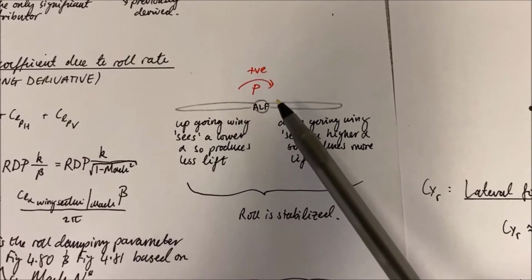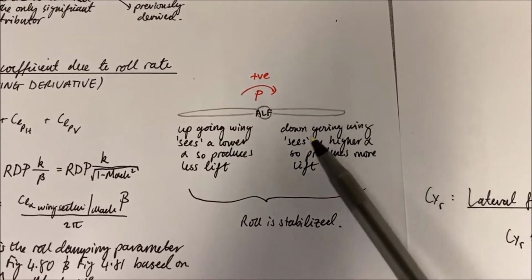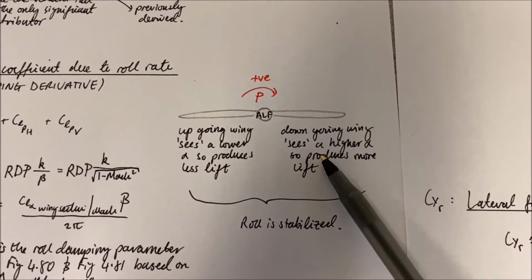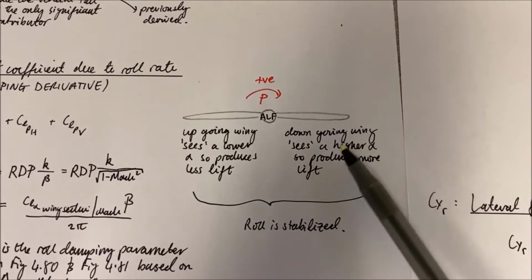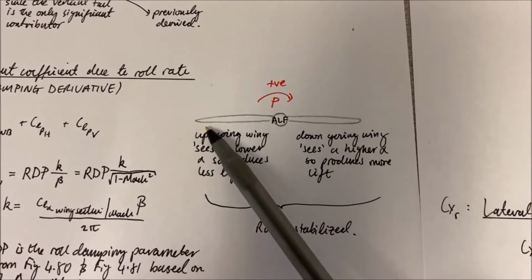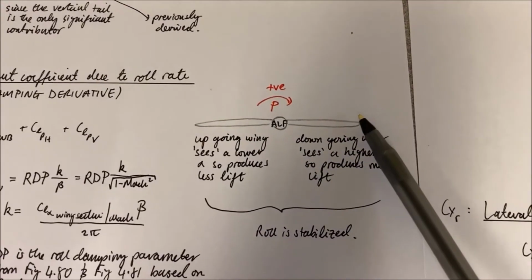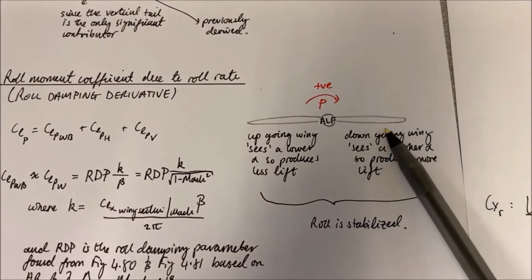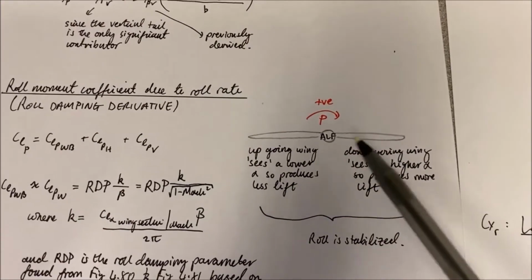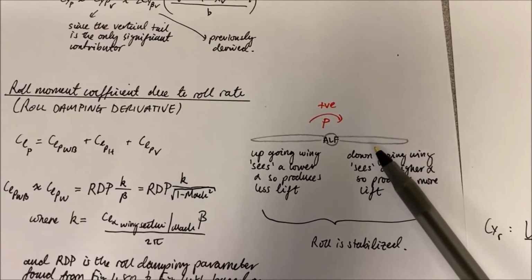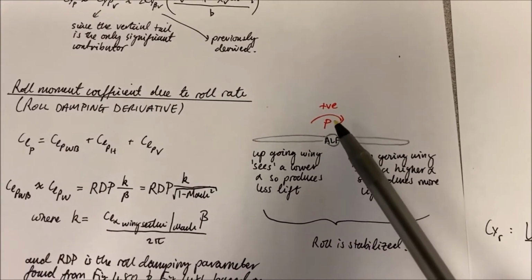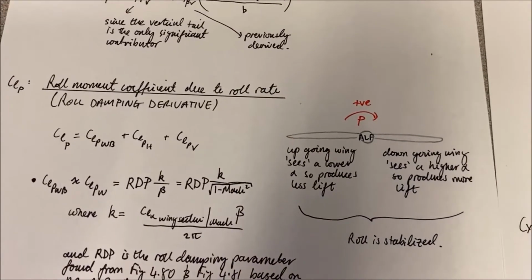In this situation, the right hand wing, or the down going wing, sees essentially a higher angle of attack, so produces more lift than the up going wing, which acts to counteract the roll moment, right? So that's why it's called the roll damping derivative, because the aerodynamics of the wings produces an opposing roll moment to this one.